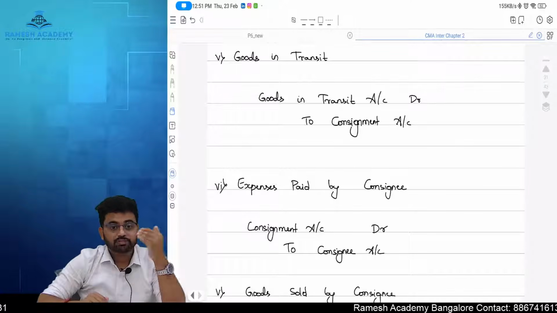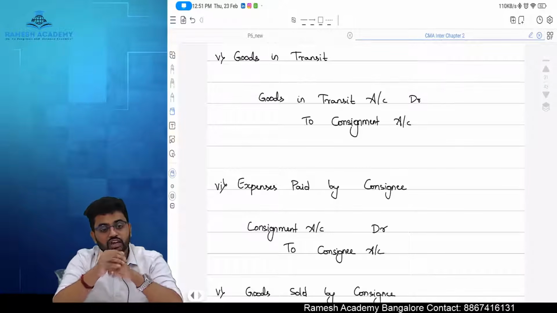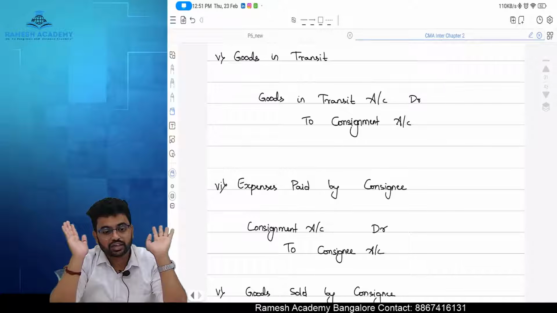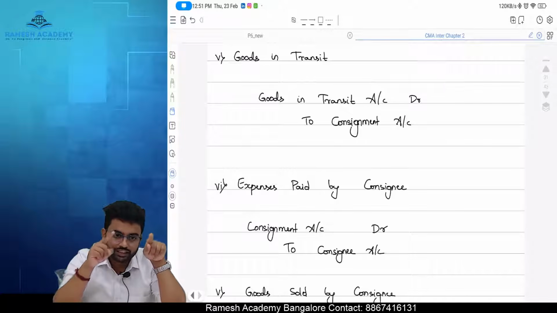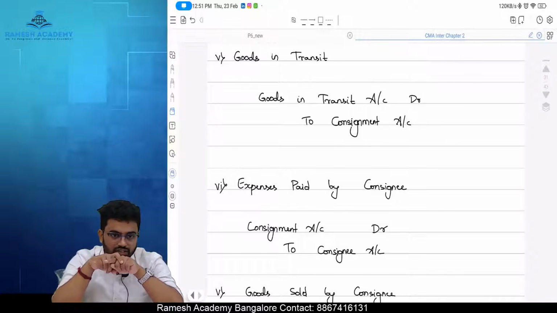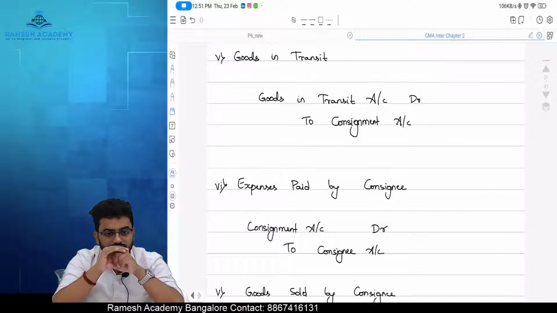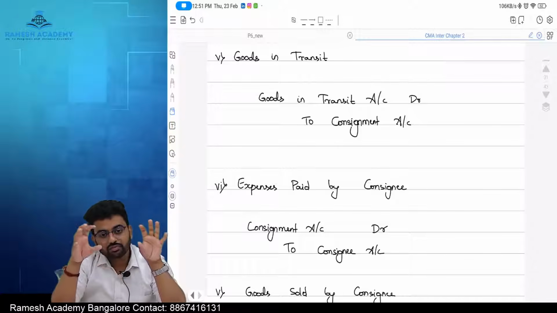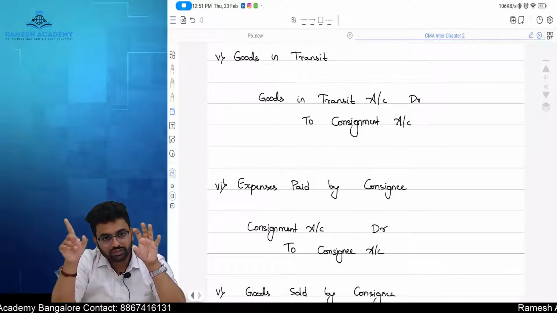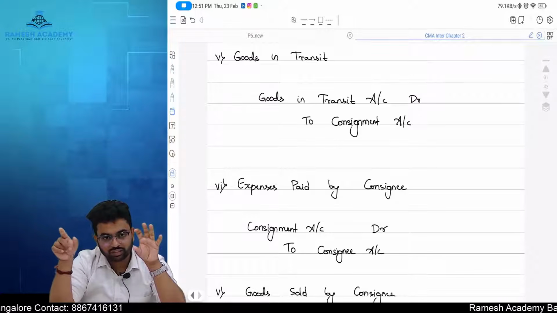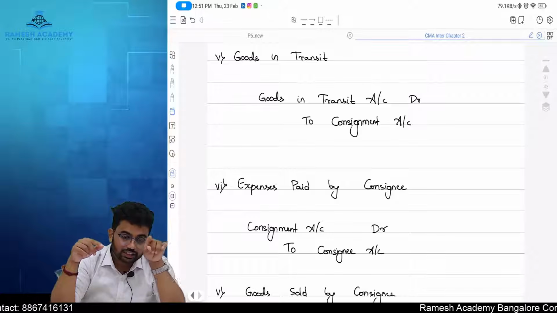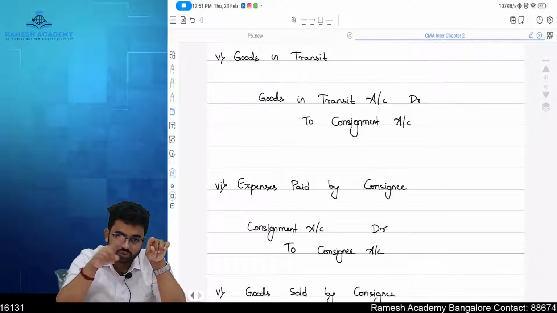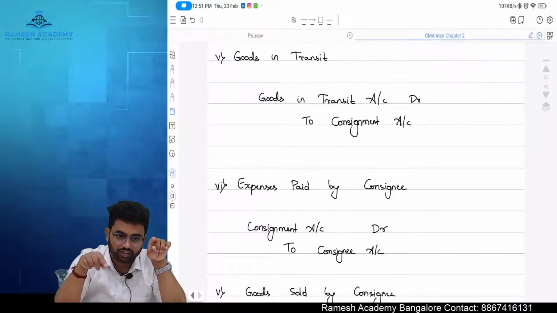When the expense is paid by the consignee, which means someone is paying the expense on our behalf, what will be the entry? Usually expense account debit to creditor account, because the person who incurs the expense becomes our creditor. Later, P&L account debit to expense account. Here we don't charge the P&L account, we charge the consignment account. So expense account debit to consignee account, who is paying on our behalf.